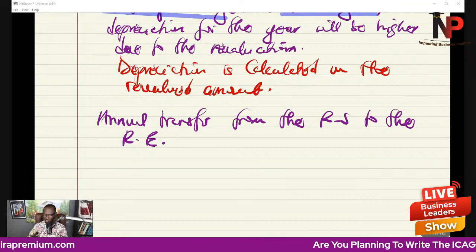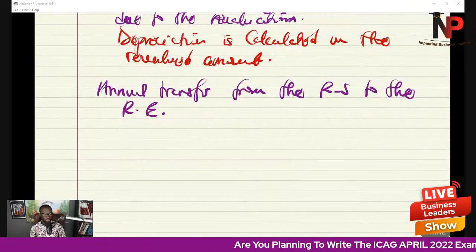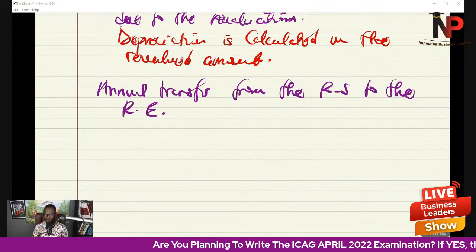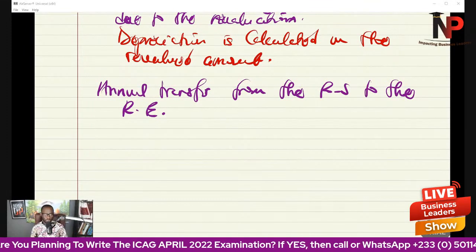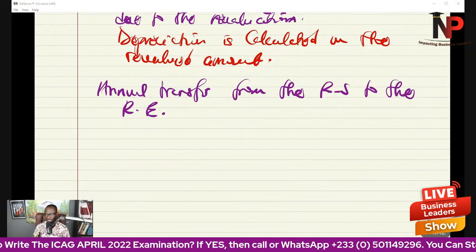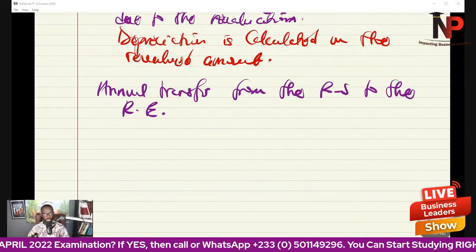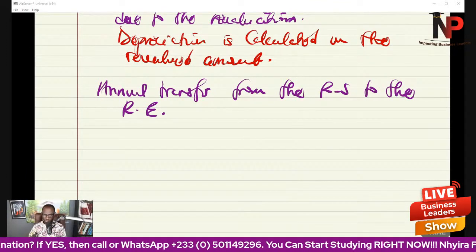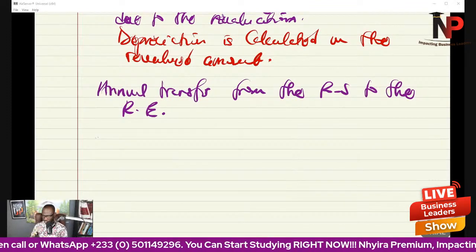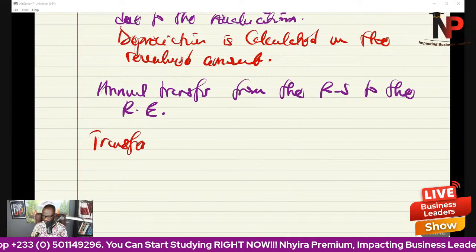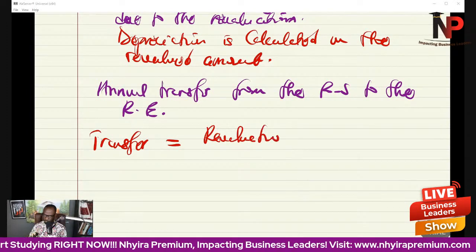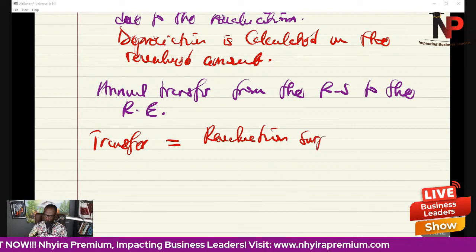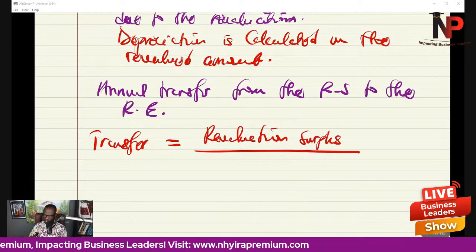It simply means that because the shareholders must be compensated, and we have revalued an asset more than it's supposed to, we have charged more depreciation than we are supposed to charge, we need to compensate them. Now, how do we compensate them? The transfer is calculated as the revaluation surplus divided by the remaining useful life of the asset.